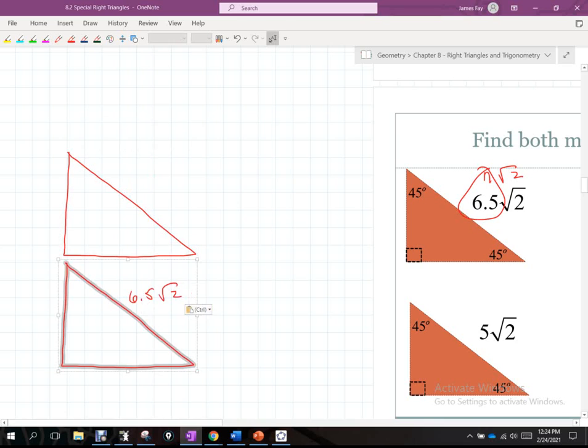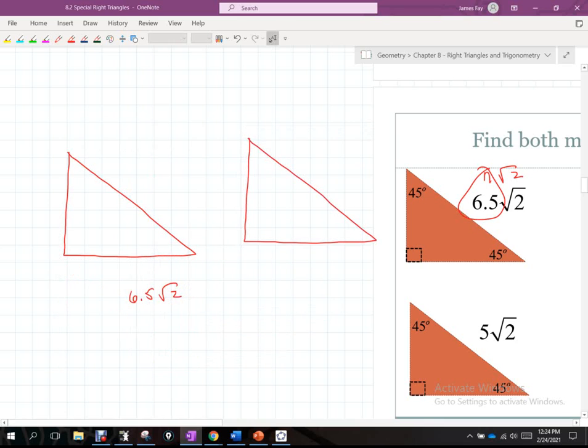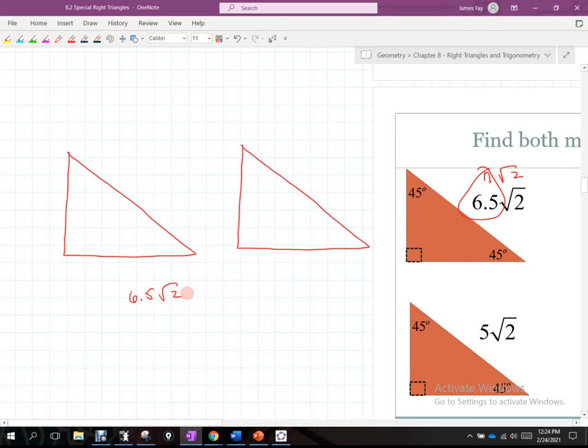I'm drawing my template so that it is identical to the problem picture that they give me. So if this was 6.5 radical 2, that's a 45, 45, 90. But now in my template, this is n radical 2.